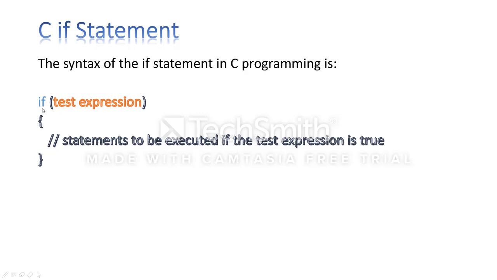Remember, this is very simple syntax. First take the if, then the test expression. Any test expression means any condition, any expression you want to give. Based on that expression, we can execute the statements in the body of the if condition.